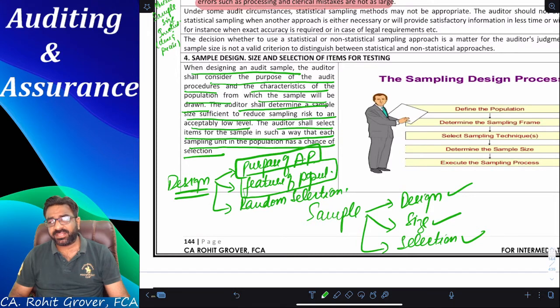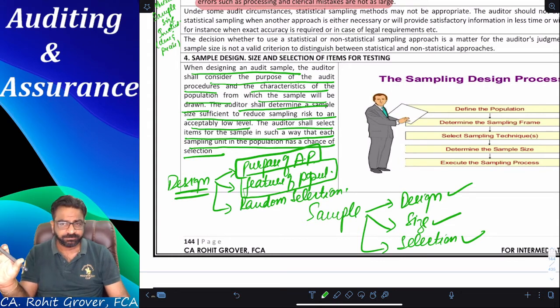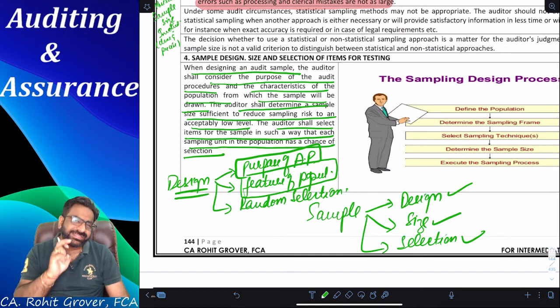No. I'm saying that there is a homogeneous population and there is a heterogeneous population. This is the characteristic of the population. Am I correct or not? Where would you like to go for stratification, and where would you not like to go for stratification?